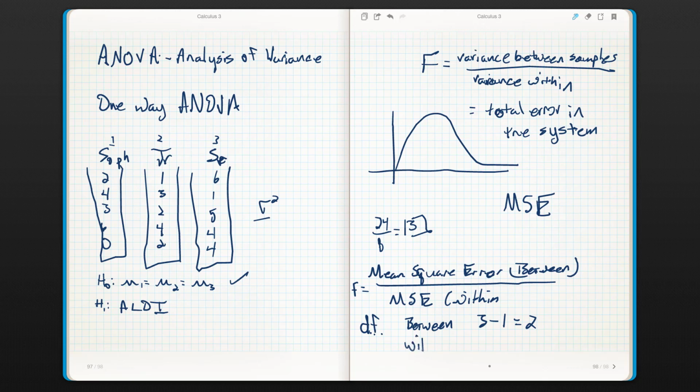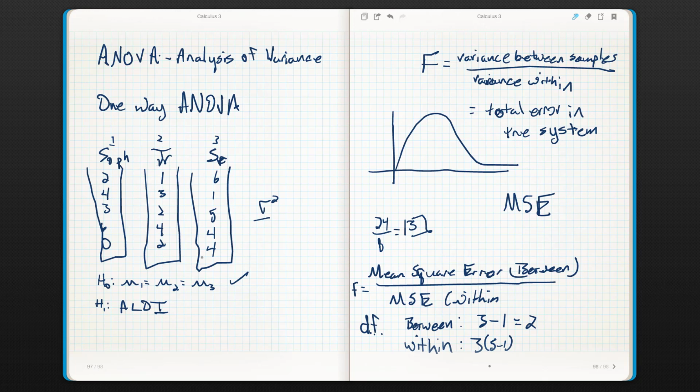Now, this one's trickier. What I do for within is I take 3, right, which is the number of groups, sophomores, juniors, seniors, and then I have to multiply that times 5 minus 1. So where does 5 minus 1 come from?